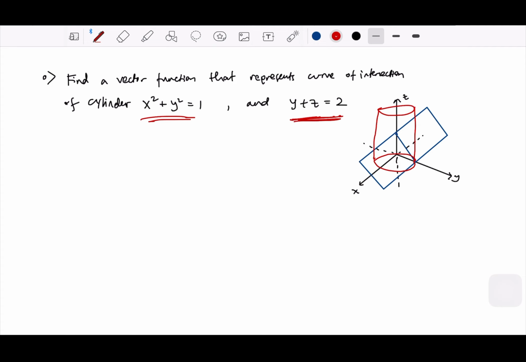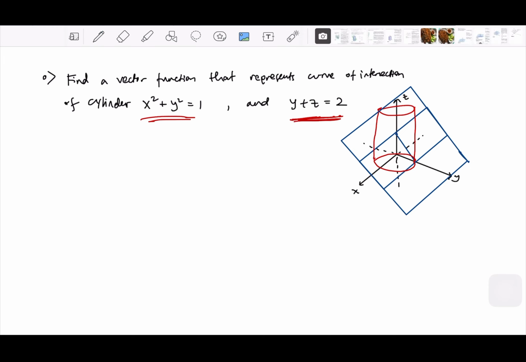So using this to cut through, and maybe we can take a longer line here. Okay. So imagine you have a plane that is going to cut through the cylinder.